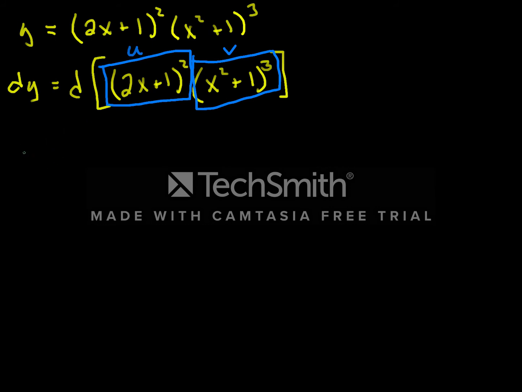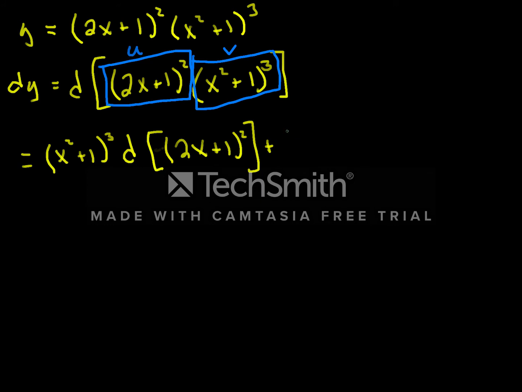So this is equal to v du, so x squared plus 1 cubed, that's our entire v, times the differential of 2x plus 1 squared, plus, now our u term, 2x plus 1 squared times the differential of x squared plus 1 cubed.